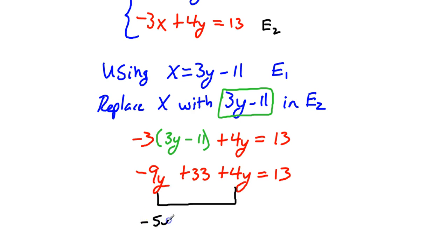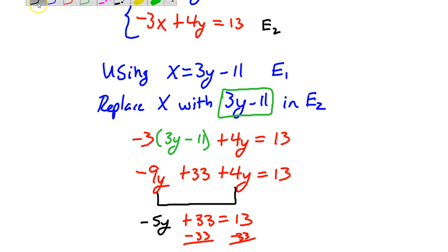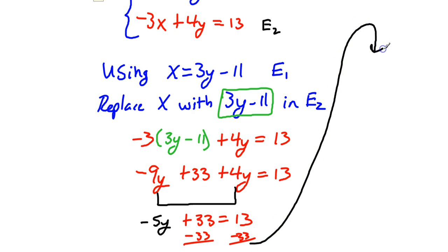That would make it a negative 5y plus 33 equals 13. For this one we would subtract 33. We've got negative 5y equals negative 20. Divide those and you get y equals 4.